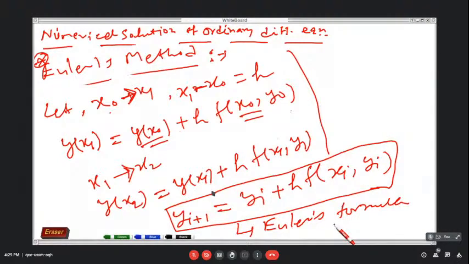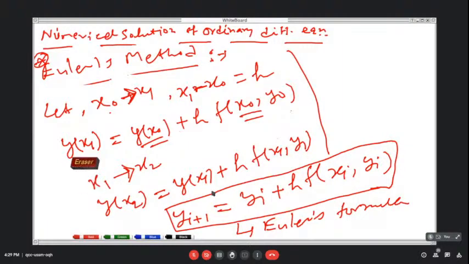To go from any point to the next point, you always have to do it recursively, that means in a stepwise manner.